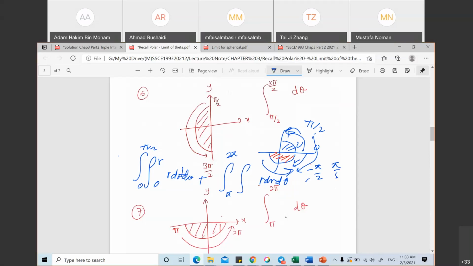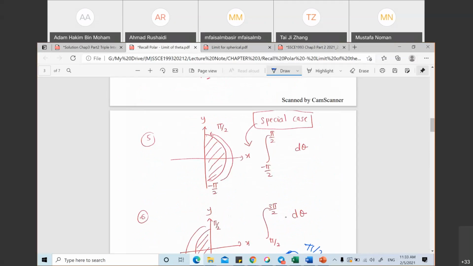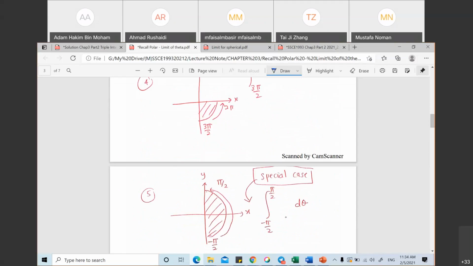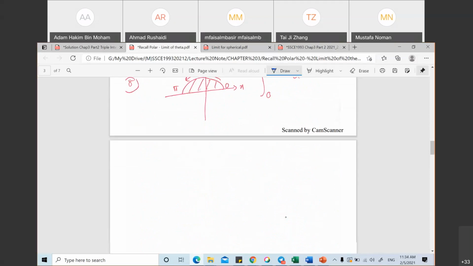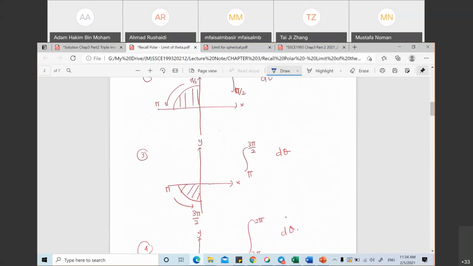But here, how? We just left here. We cannot merge it because they must be interconnected. If you see here, everything is connected because we are dealing with the area. Understand? You cannot merge it into one. If you see this example, you cannot merge it into one.